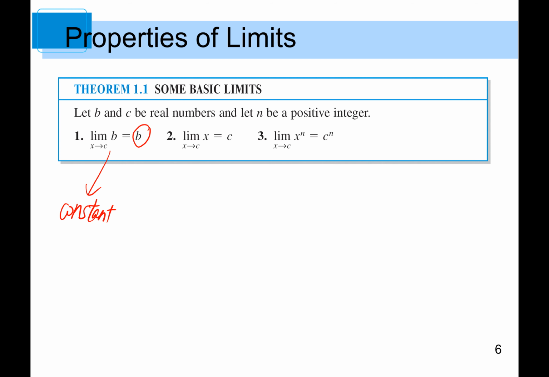So the limit as x approaches c for the linear function x will become c. For a polynomial function with n degree, the limit when x approaches c of x to the n becomes c to the n. Okay, those three are very basic limits, and it's very easy to understand.